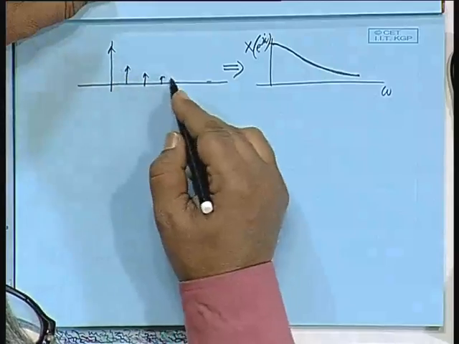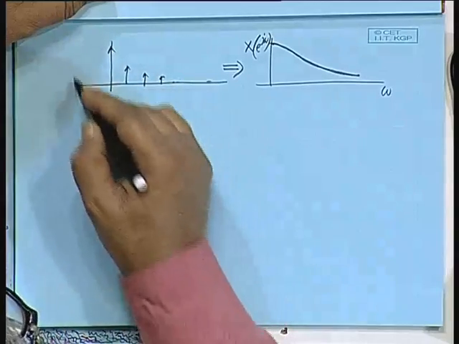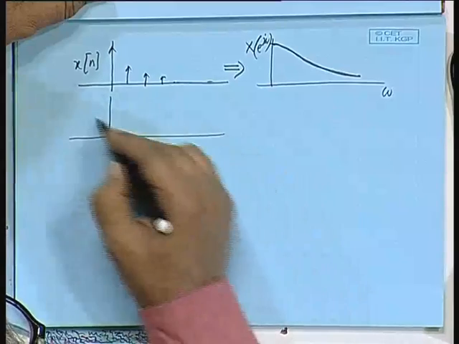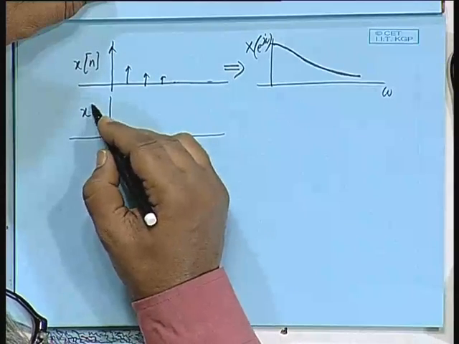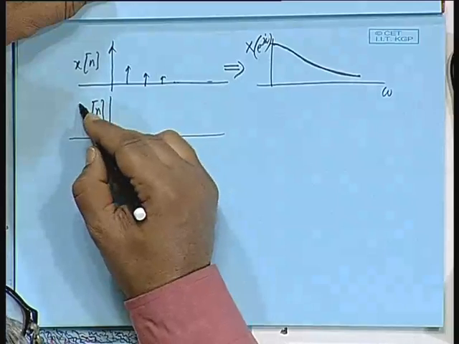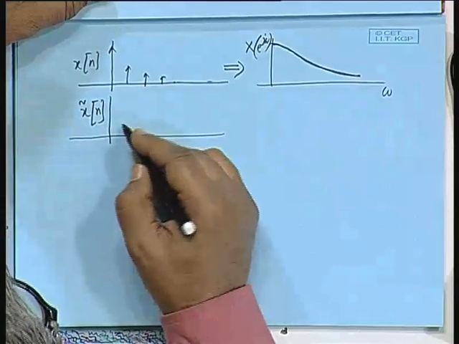But if this is discrete and periodic, we show a periodic function by this tilde.